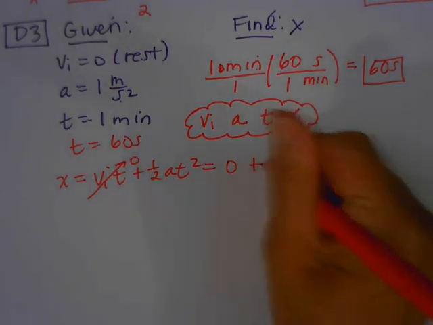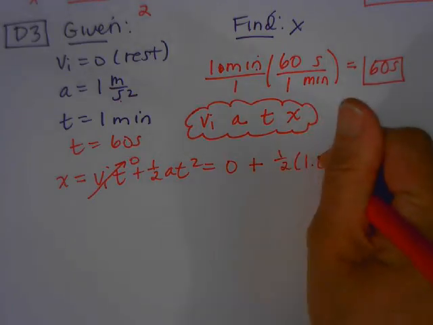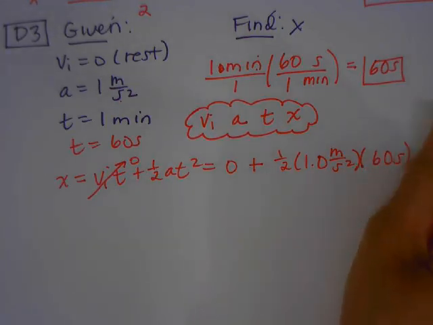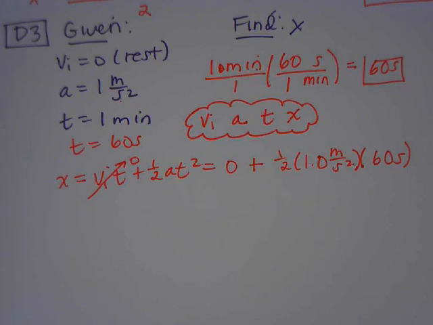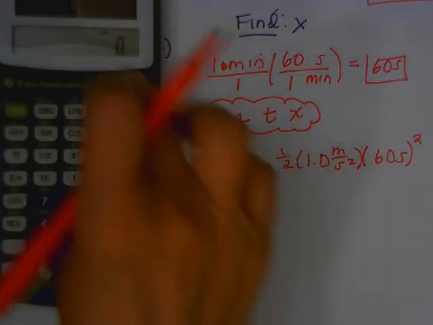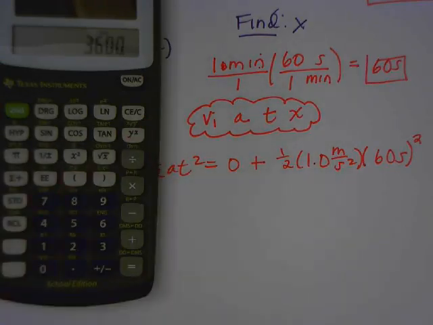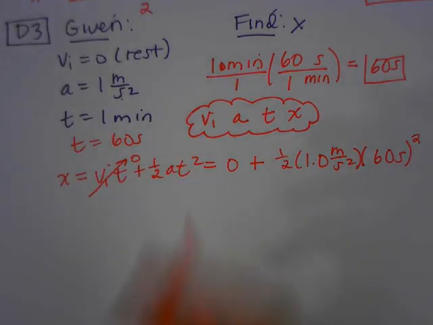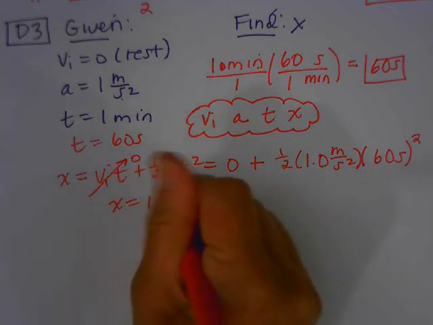So 0 plus 1/2 times 1.0 meters per second squared times 60 seconds, squared. So 60 squared times 1 divided by 2 equals 1,800. So x is 1,800 meters.